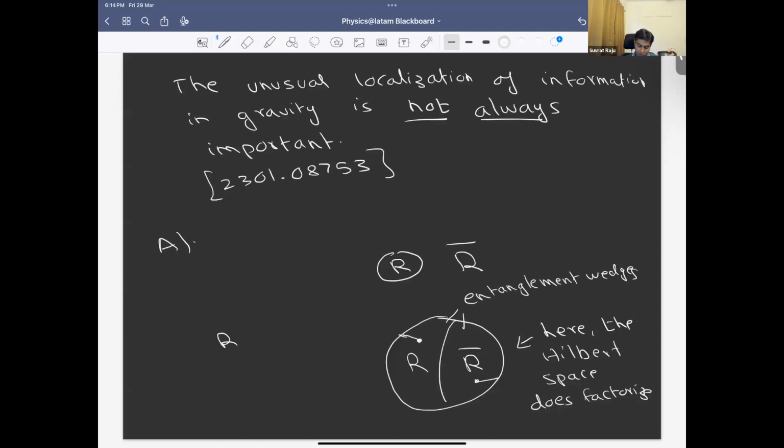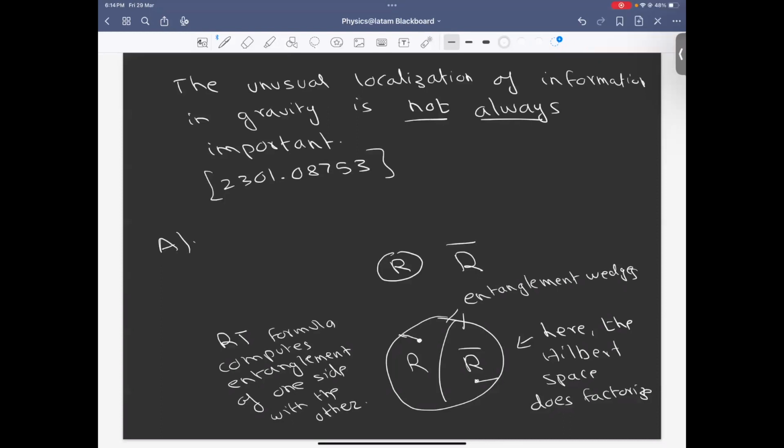And the RT formula, the Ryu-Takenagi formula, computes the entanglement of one side with the other. But to compute entanglement, you have to have factorization in the first case. Yeah. Thank you. Okay, you're welcome. Are there any other questions?